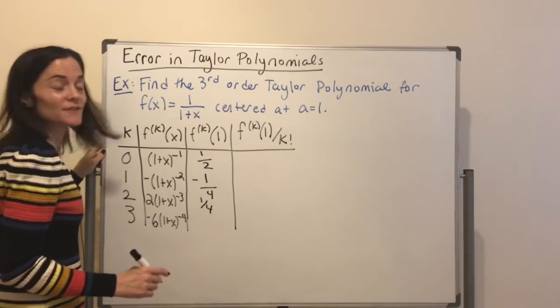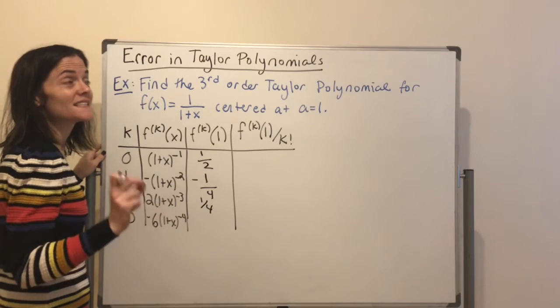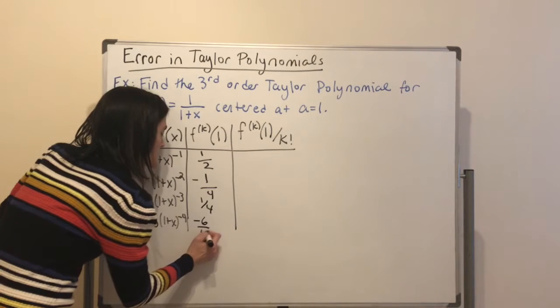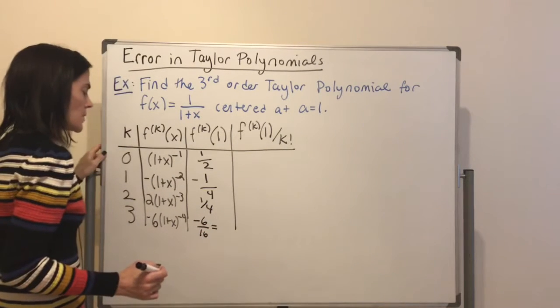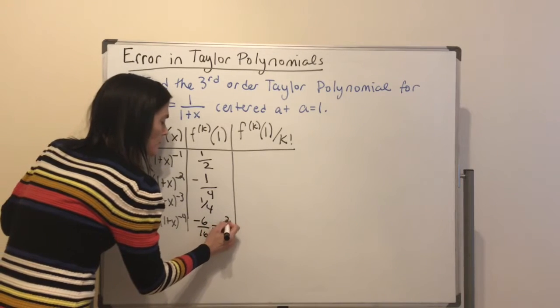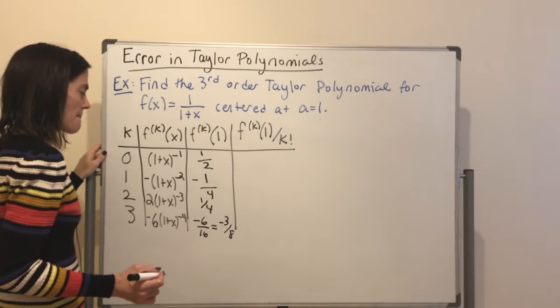And here, 2 to the 4th is 16. We're going to get a negative 6 over 16, which is the same thing as, divide by 2, negative 3 over 8, like this.